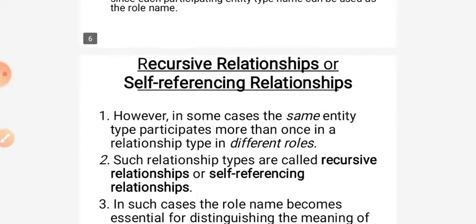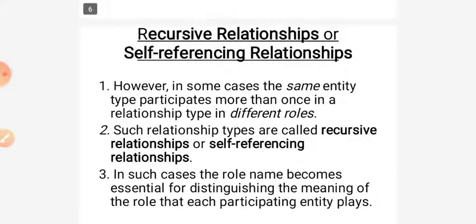We'll take up recursive relationship or self-referencing relationship. However, in some cases, the same entity type participates more than once in a relationship type in different roles. Such relationship types are called recursive relationships or self-referencing relationships.